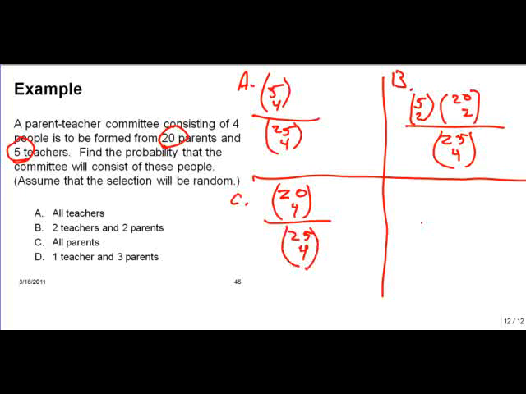And then finally, 1 teacher, 3 parents. Hopefully by now we get the idea. There is 5 choose 1 ways of picking the teachers, and there is 20 choose 3 ways of picking the parents, over 25 choose 4 ways of doing that.